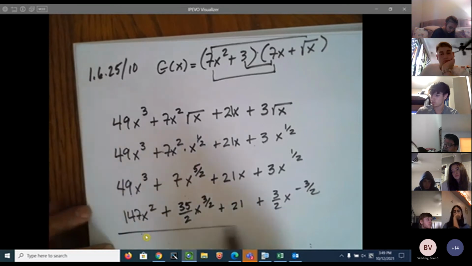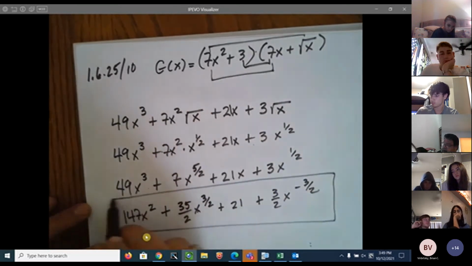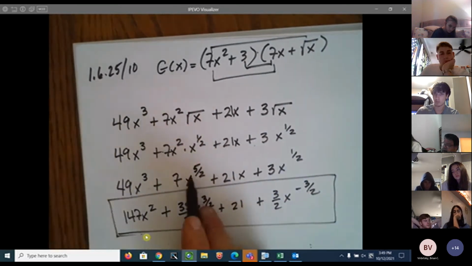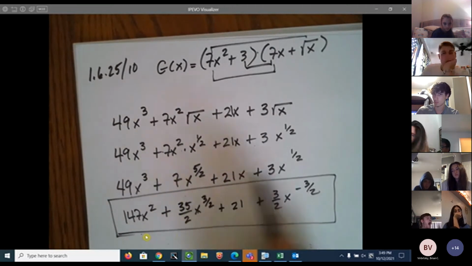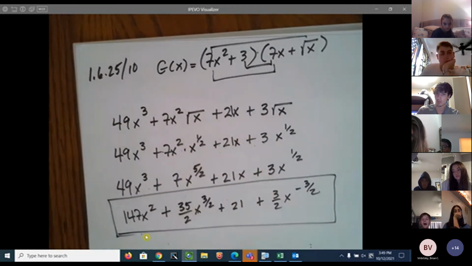And I don't know if that's what they wanted, because you can't add these two. So that's probably something like what they got.